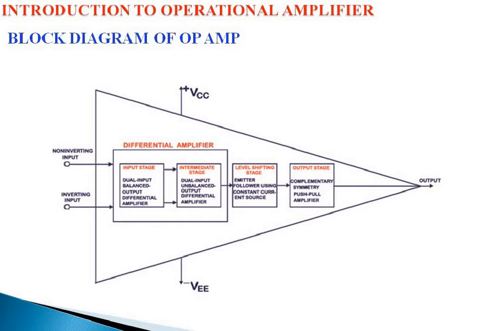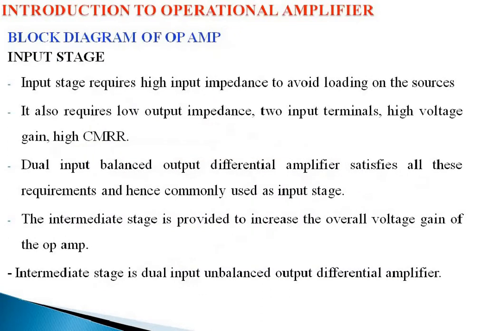It also requires low output impedance, 2 input terminals, high voltage gain, high CMRR. All these conditions are satisfied by dual input balanced output differential amplifier. Hence, commonly we use dual input balanced output differential amplifier in the input stage.